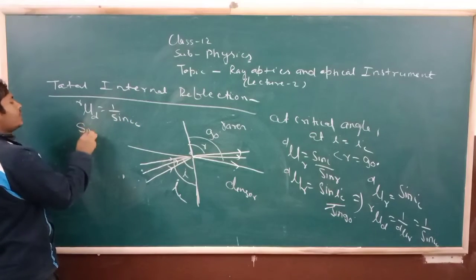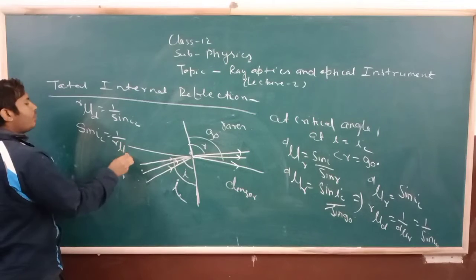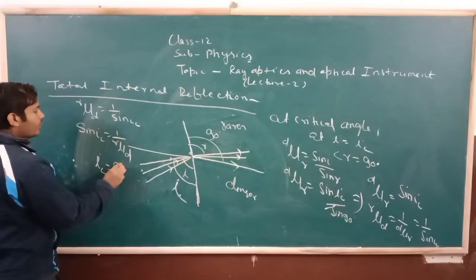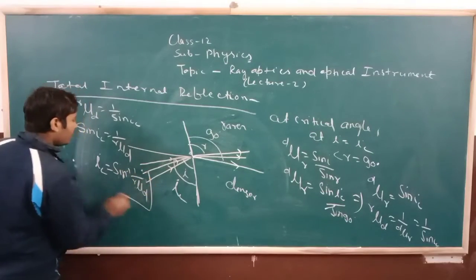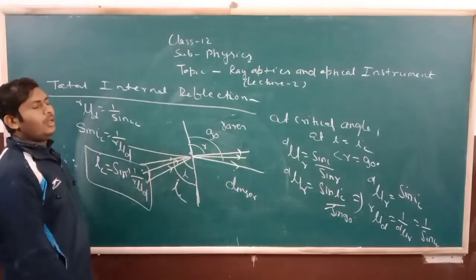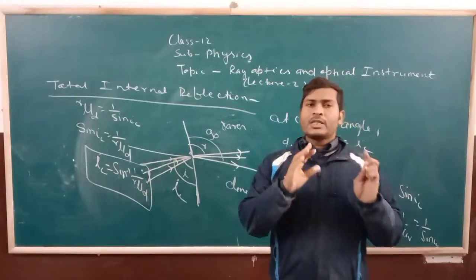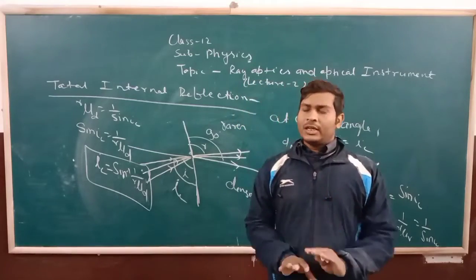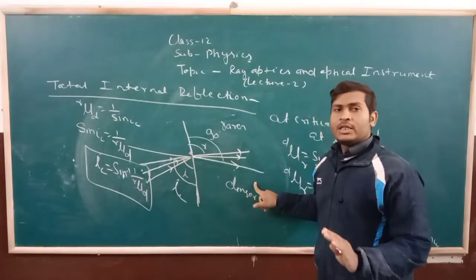So sin IC will be equal to 1 upon R mu D. So IC will be equal to sin inverse of 1 upon R mu D. This is known as the critical angle. Means the critical angle is an incident angle at which the ray emerges parallel to the surface.